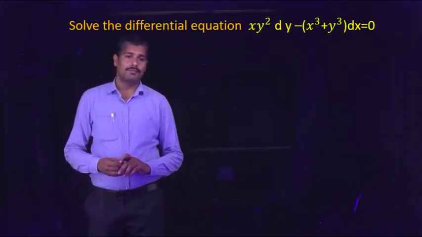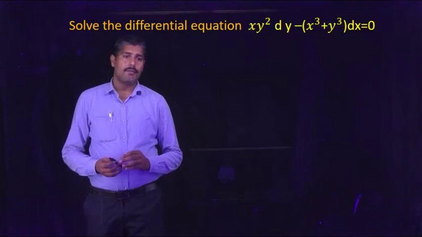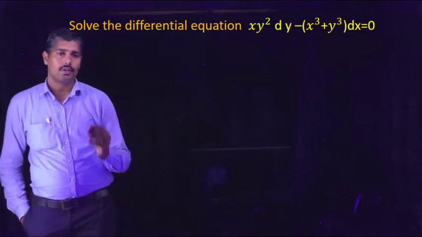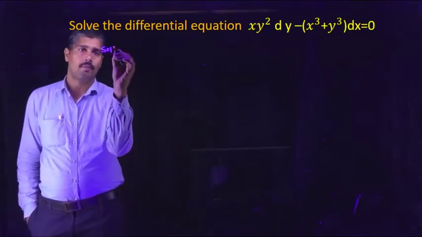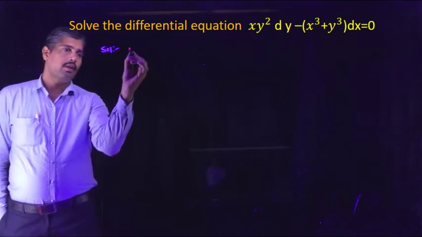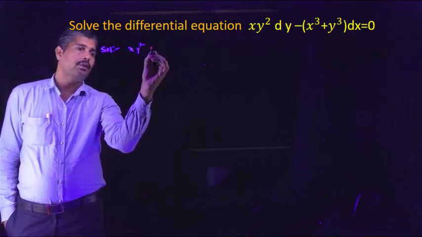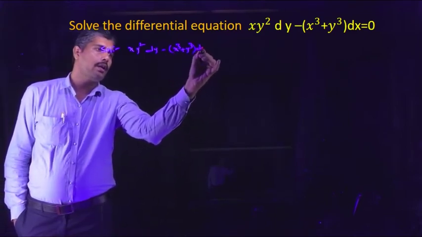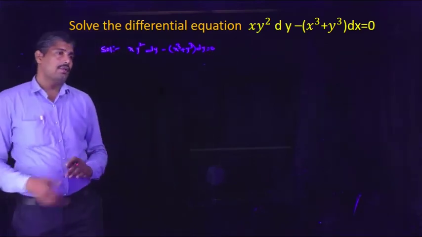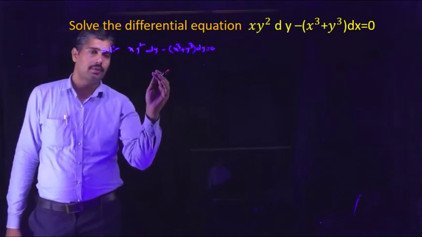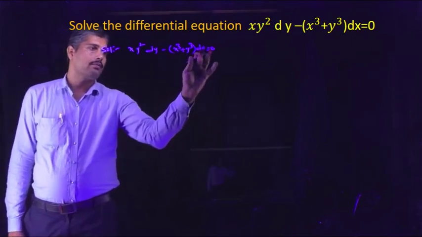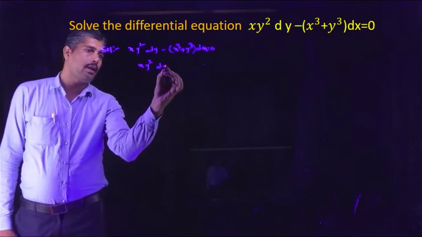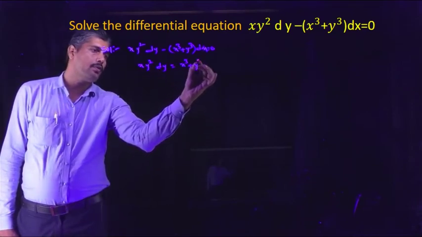See one more problem. xy square into dy minus x cube plus y cube into dx equal to 0. First convert into dy by dx form. xy square into dy equal to x cube plus y cube into dx.